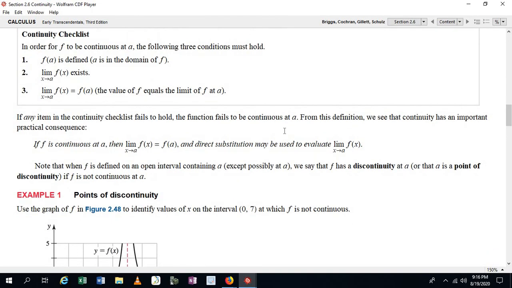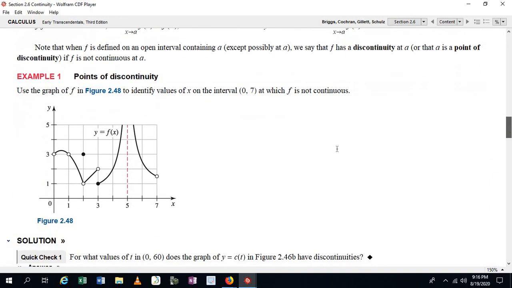The first condition is f needs to be defined at a. So f of 1 is not defined here. There is no y value when x is 1. So that's the problem, or at least one problem. This does not satisfy the first condition of continuity at a point.